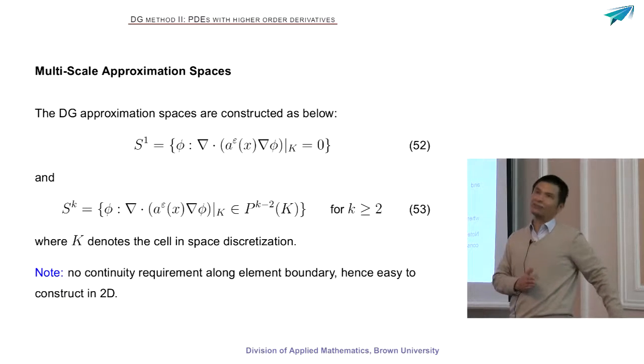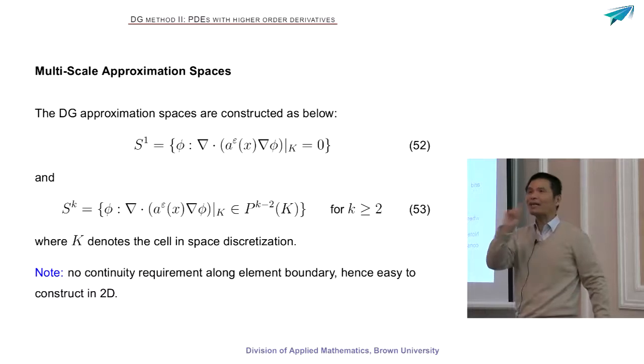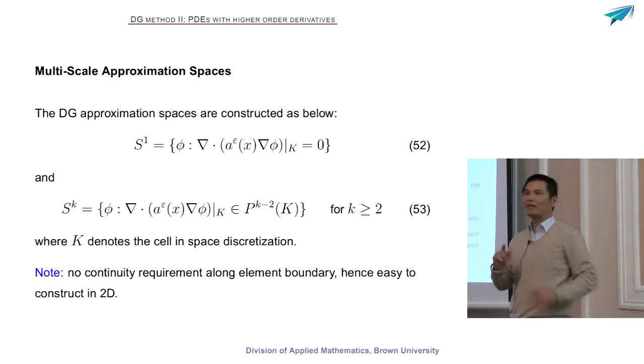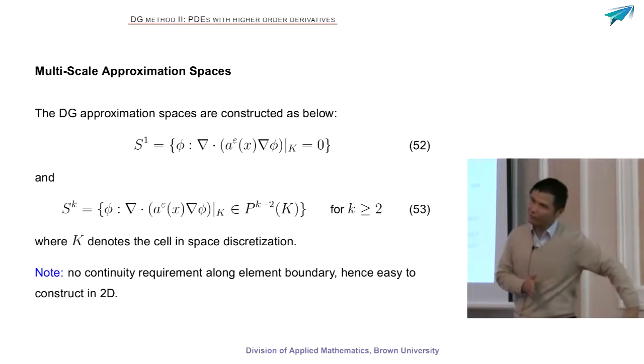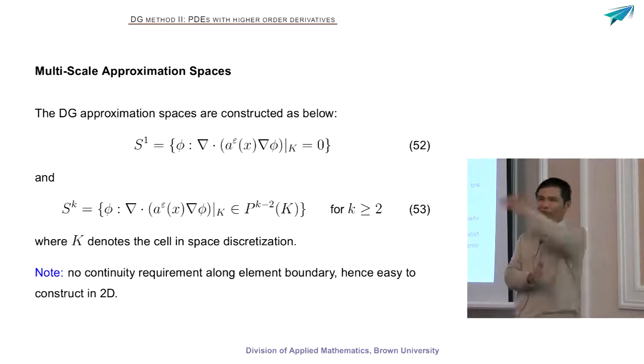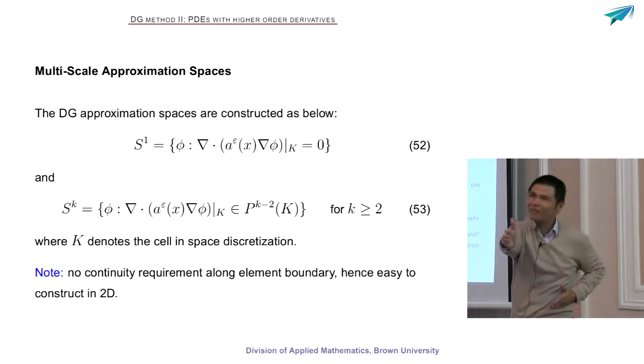You ask, is there such an application? Yes. In semiconductor devices, for example, there is an outside force called the electrical field. The oscillation is mainly along the electric field. Orthogonal to the electric field, the thing will be very smooth. You can use polynomials to approximate them. So you can use tensor product basis of polynomials, one-dimensional oscillatory.